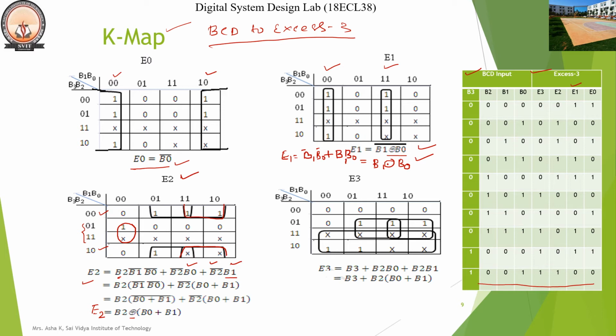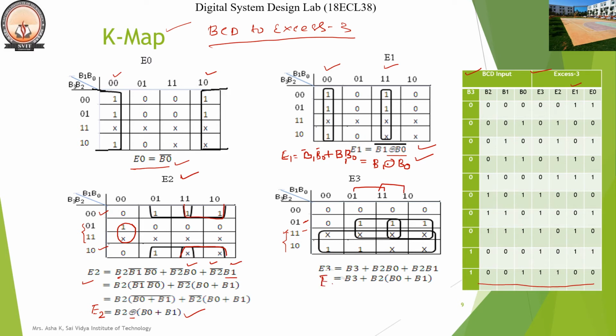Further simplification of this gives us the XS3 code E2 is equal to B2 XOR operation with B0 OR with B1. Finally, for the E3 bit, after substituting and simplifying, here one octet group gives us the answer B3, plus one quad group that will have B2 with B0, plus the next quad group will have B2 with B1 bit.